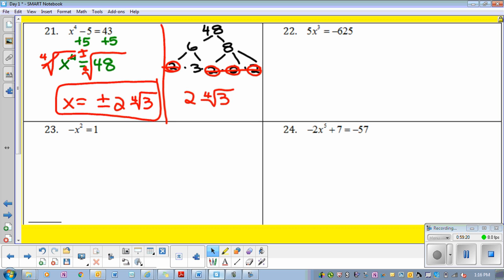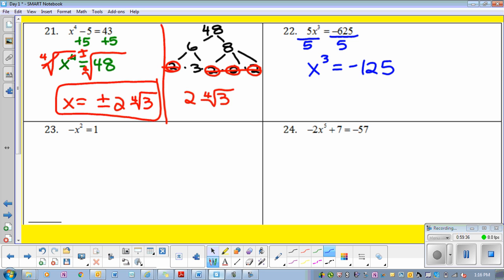All right. Let's try the next one. I need to solve for x, but I need to get x cubed all by itself first. Divide by 5. Good. X cubed equals negative 125. How do I get rid of that cube? Cube root.